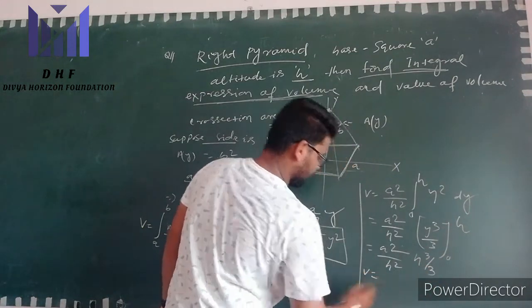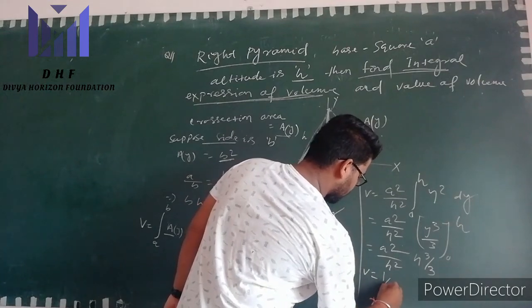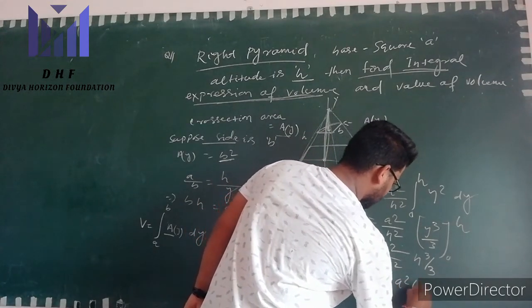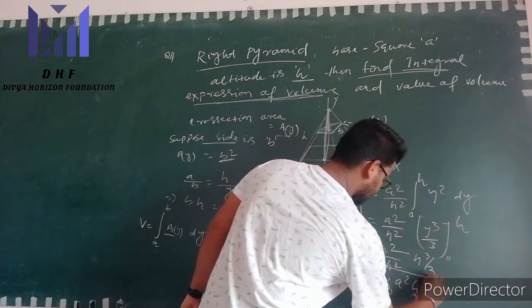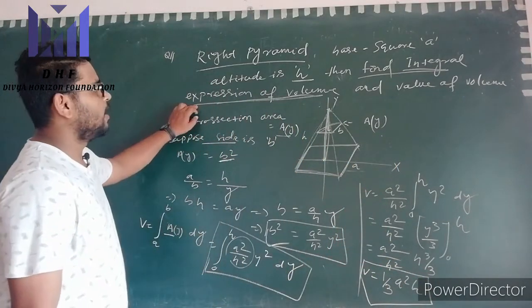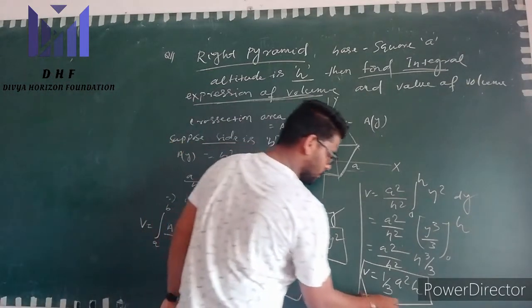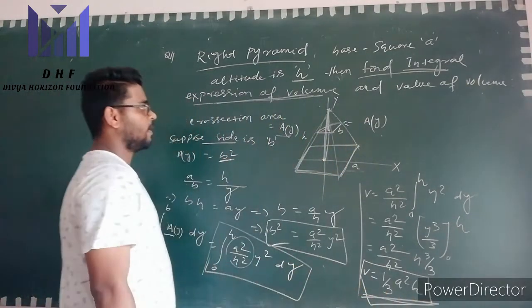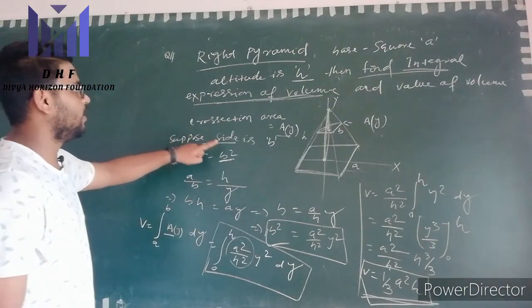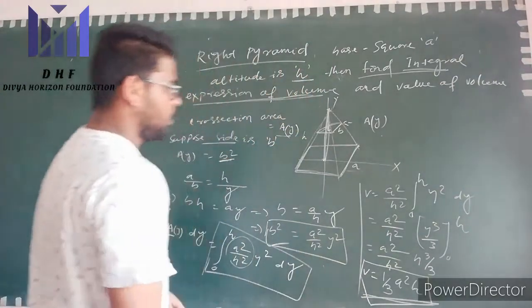Then the volume is one upon 3 a square h. This is our required answer. This is the integral expression of volume, and this is the value of volume. This is all about the volume of the right pyramid. Note down this.